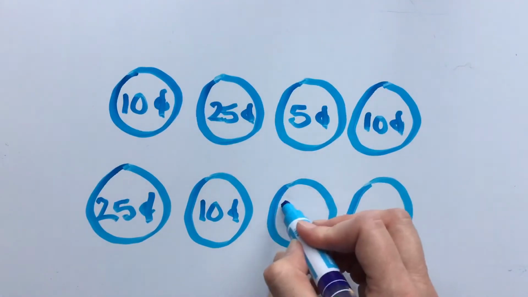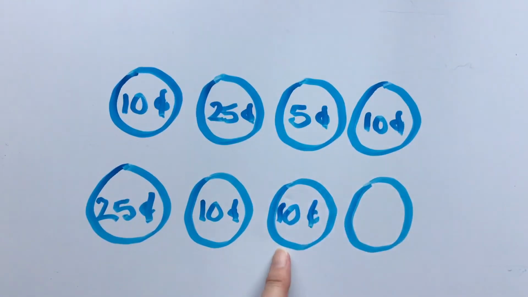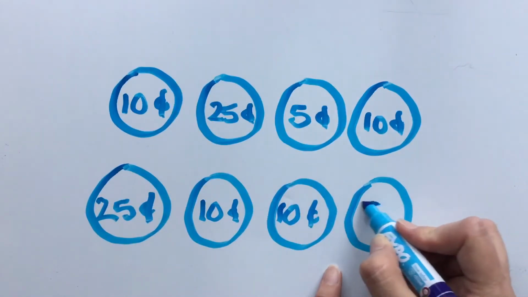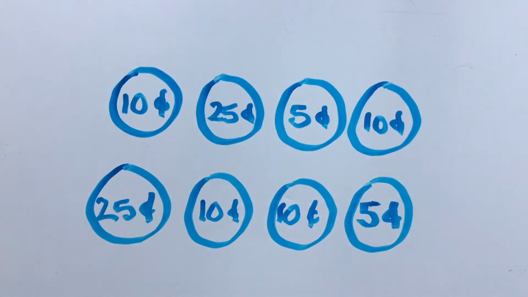What about here? Going in order from greatest to least, it is the 10 cent. And finally, my 5 cent coin is my coin that has the least value. So for question number 2, you are going to take the coins that they have listed above in some circles, and you're going to put them in order in the circles down below. All right, that's question number 2.